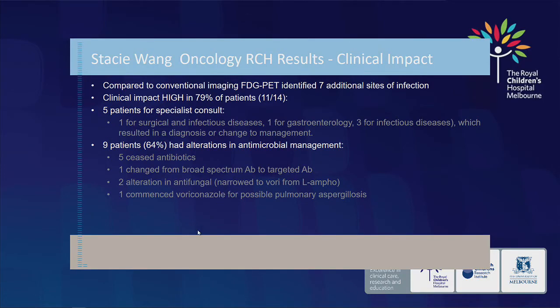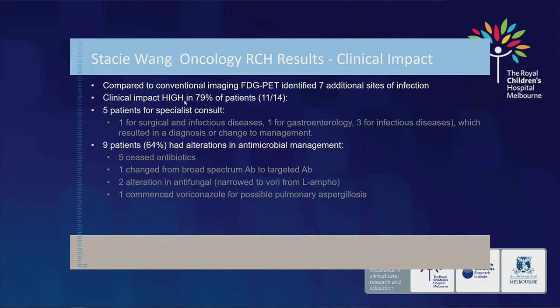Our oncology fellow did a local study looking at our oncology patients who had fevers for investigation. This was based on FDG PET, but PET-CT predominantly, before we actually commenced our service.